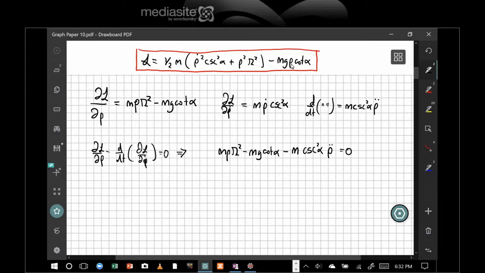I'm going to take this term, put it on the other side, and divide by mass times cosecant squared. I'm going to get rho double dot.